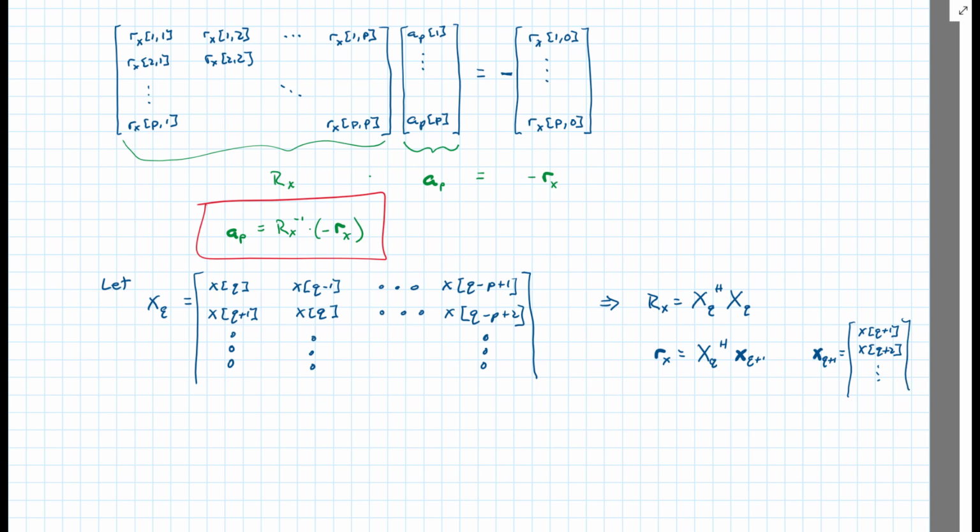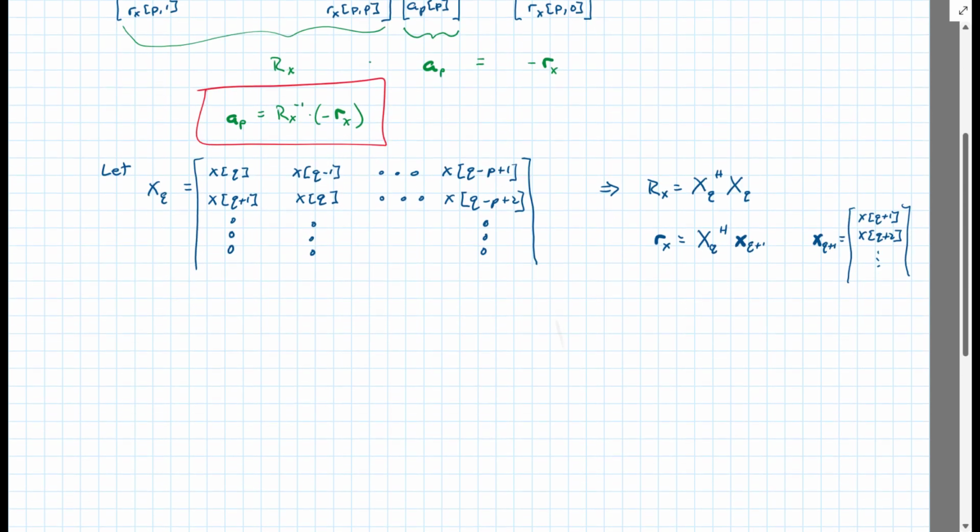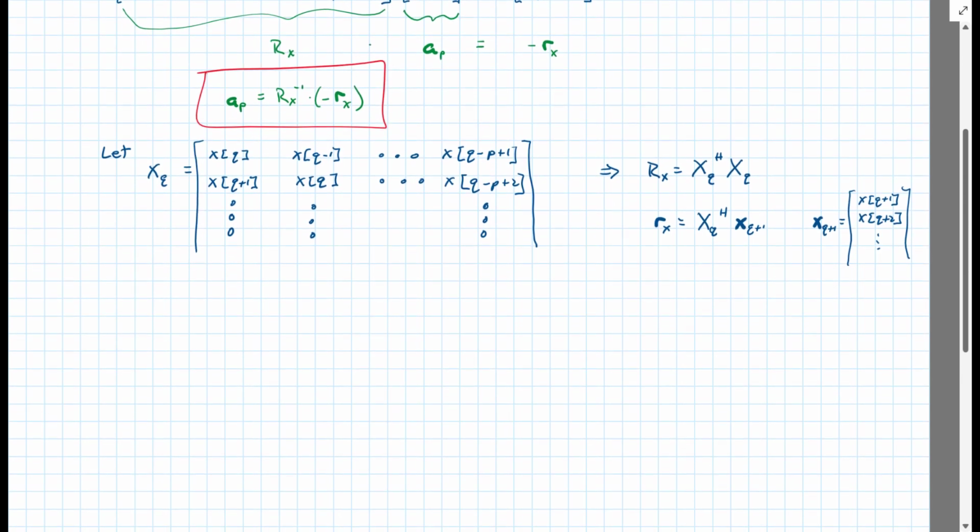Okay. In practice, we can choose however many we want. Choose as many samples as possible, but not less than p. Okay, so why can't it be less than p?